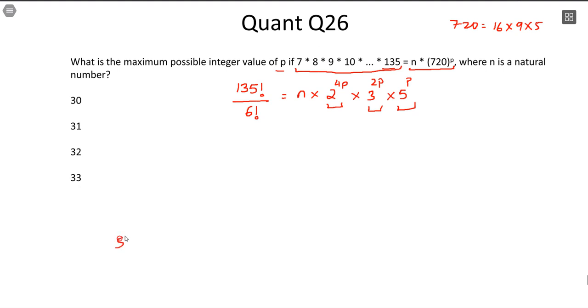Presence of 5's in 6 factorial. See, checking for 5's is simple enough. There would be one only in the denominator. In the numerator, let me check. 135 by 5 is 27. Sorry, why am I writing it this way? This is not a good representation. See, whatever power of 5 you would get here, that will get subtracted from power of 5 from the top.